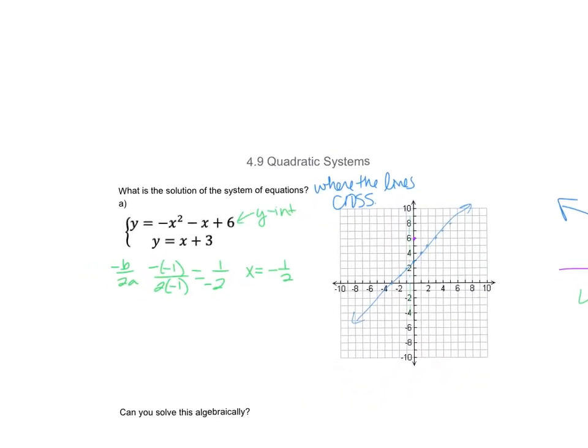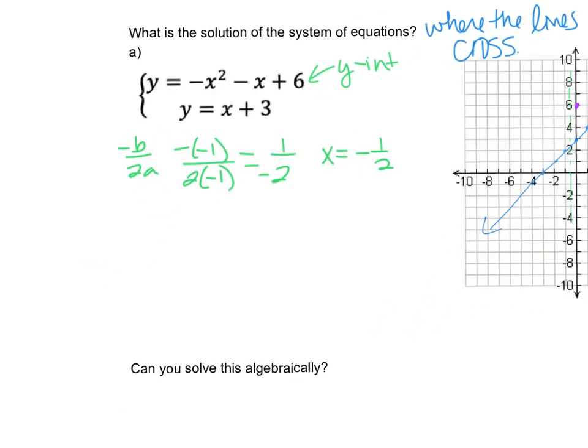Okay, let's go back to the vertex. So now we have to plug in negative 1/2 into our original equation. So this will be negative 1/2 squared minus 1/2 plus 6. When you put all that in a calculator, you get 6 1/4.